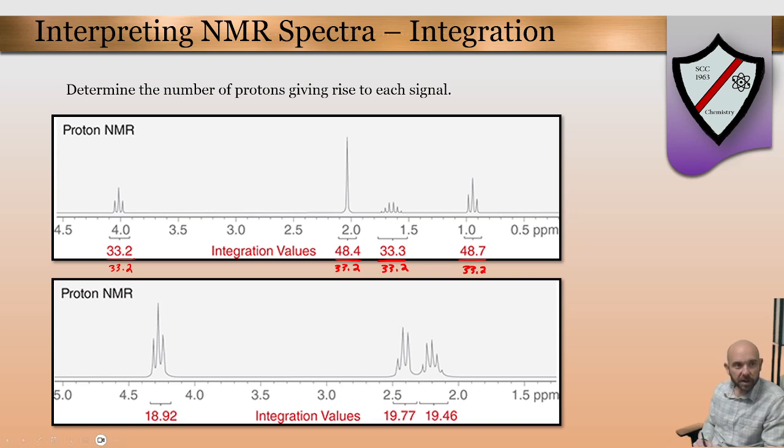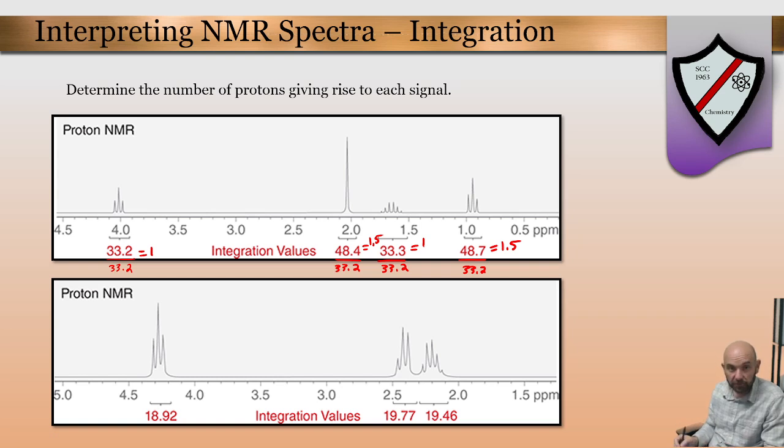And what I would find is this is equal to 1, this is equal to 1.5, this is equal to 1, and this one is equal to 1.5. And I can't have half of a proton in a molecule, so I need to find an integer to multiply those all by to get whole numbers. And of course that would be 2.